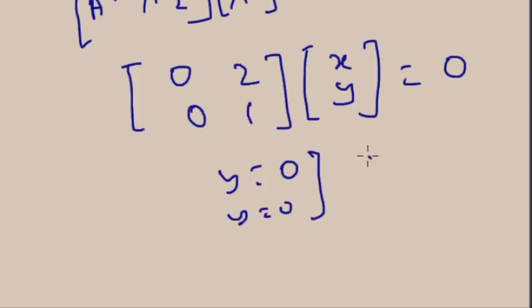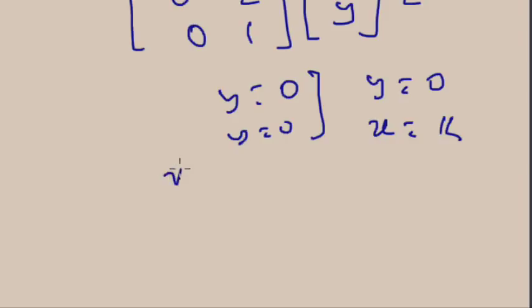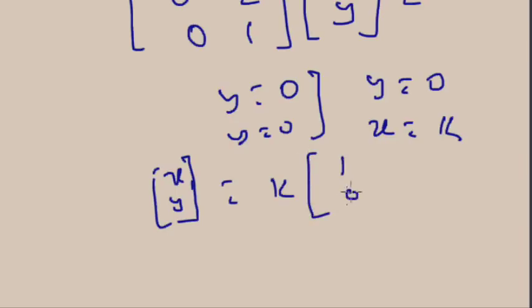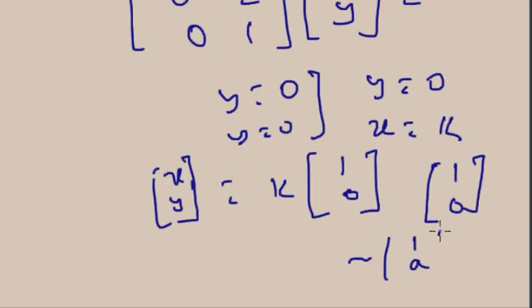Both equations give y is equal to 0 and x can be anything, suppose k. So the eigenvector is k into 1, 0. It is in the form of 1 a, which means a is equal to 0.